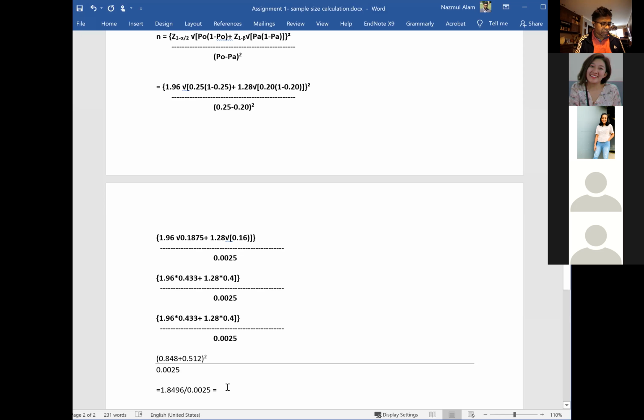So then if you divide by 0.0025, 739.84, right? Yes, it's 740. Okay, let's say 740. So I guess everyone missed the square all the way.